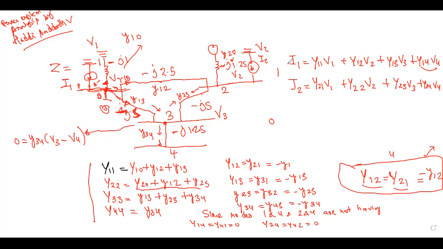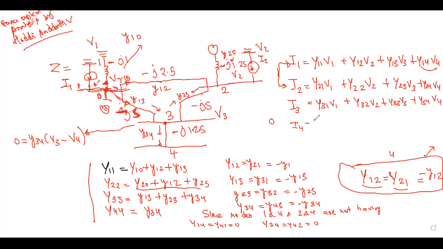Now since it is having two currents, the rest is zero. But suppose it was having more networks, I3, I4, other values, then you would have written Y31 V1 plus Y32 V2 plus Y33 V3 plus Y34 V4 and so on and so forth.